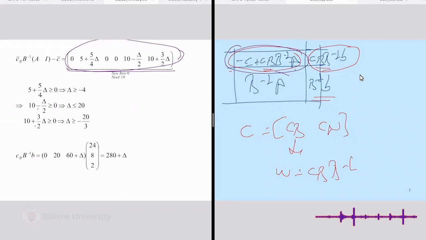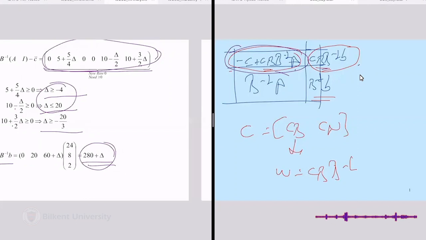As long as my delta is within the appropriate region, you see delta greater than minus 4, less than 20, greater than minus 20 over 3. If delta is in this region, my optimal solution will not change, right? And my objective function value is CB B inverse b. So my objective function value will be 280 plus delta.